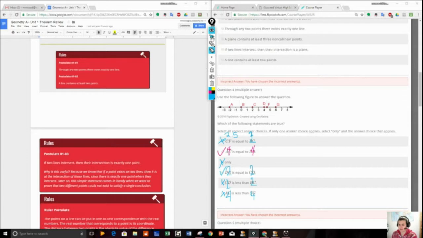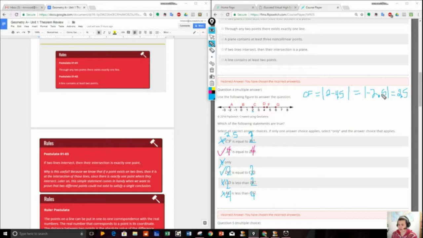For example, C is located at 2, so the distance of CF would equal the absolute value of 2 minus 4.5, which would give us negative 2.5, and the absolute value of negative 2.5 is 2.5.